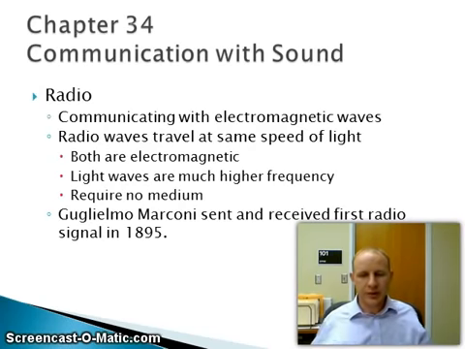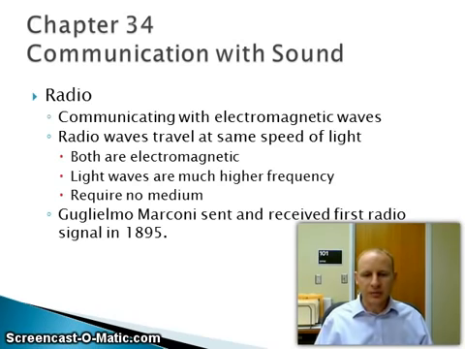So with the radio was the first way that we really were able to do this. And so radio was the ability to communicate using electromagnetic waves. As I mentioned, radio waves or electromagnetic waves travel at the same speed of light.